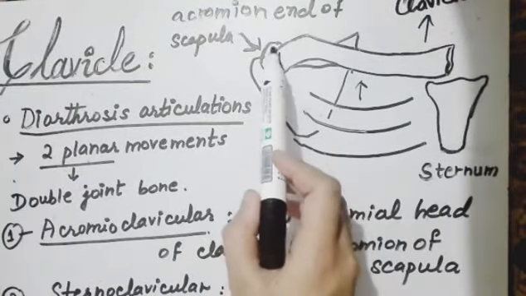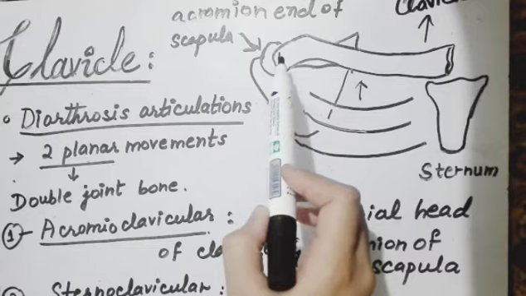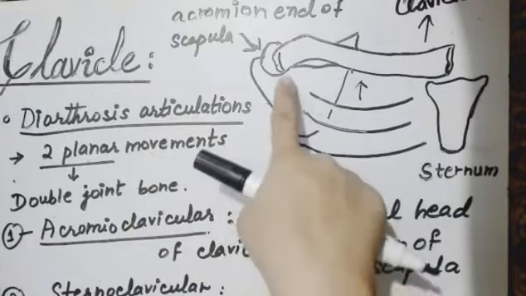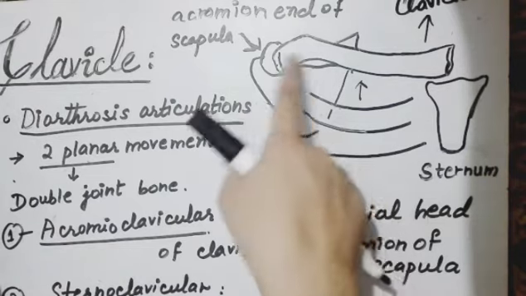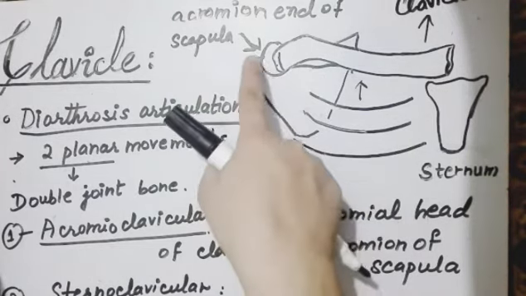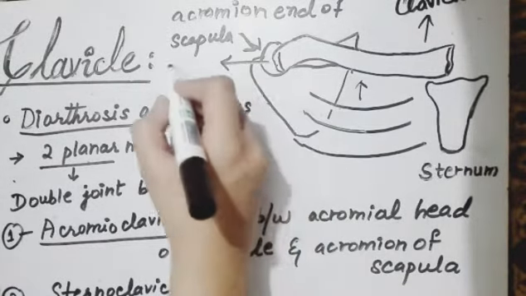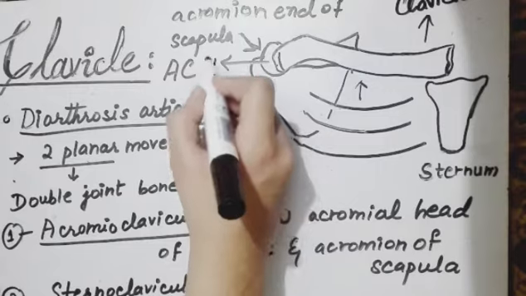Here, as you can see, this is the acromion end of the clavicle, and this is the acromion end of the scapula, and the joint being made is the acromioclavicular joint.